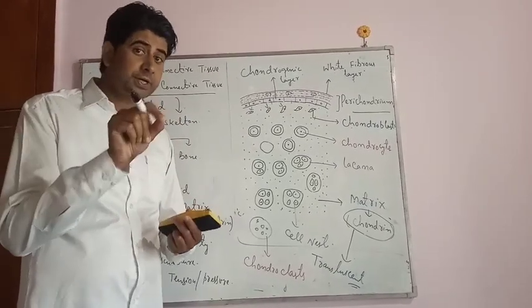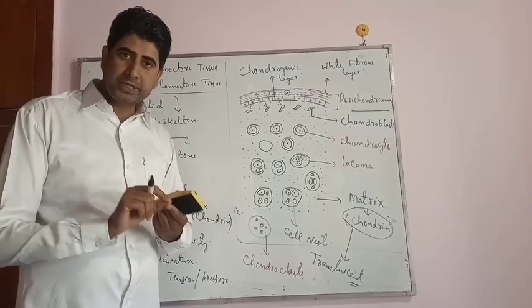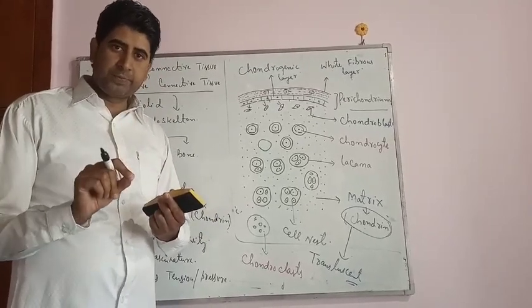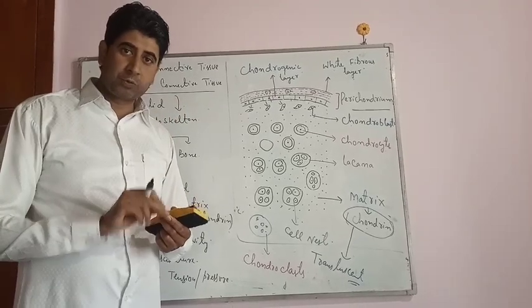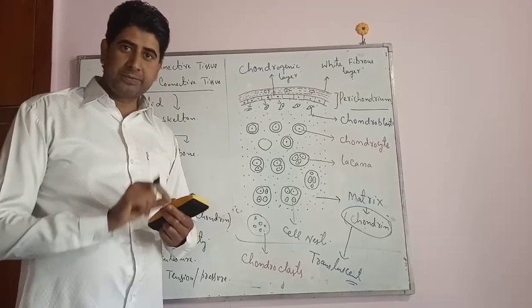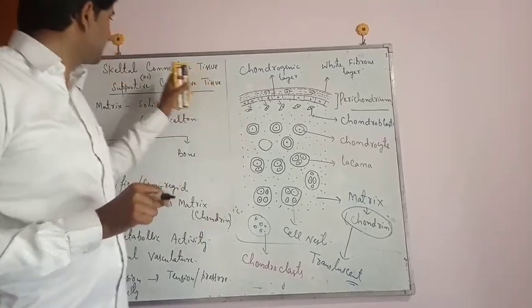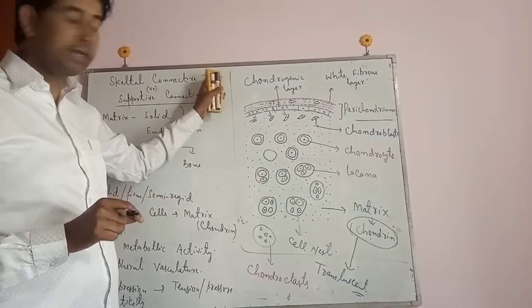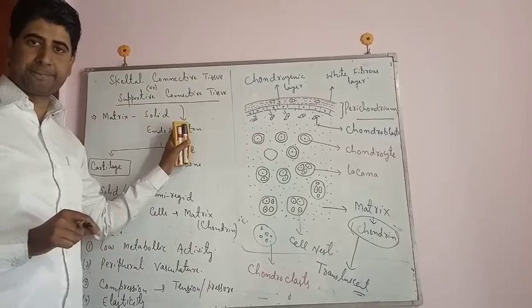Depends upon the nature of the matrix. In case of connective tissue proper, the matrix was of gel type, while in case of fluid connective tissue, the matrix was of liquid type, while in this case, the skeletal connective tissue, here the matrix is solid.